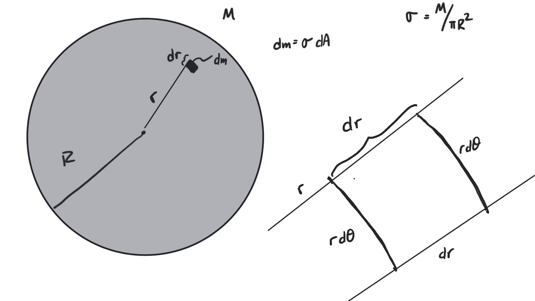The reason that's important is I can use length times width to calculate the area. I can state that dA is dr, the length, times r d theta, the width. Now, I know you guys have never seen anything like this. It's okay.